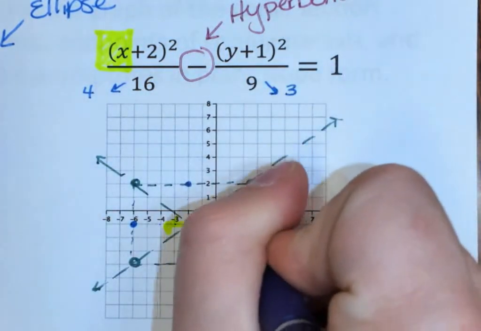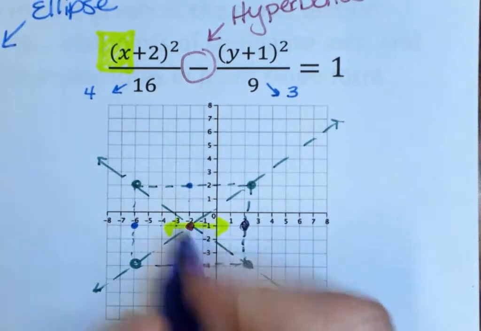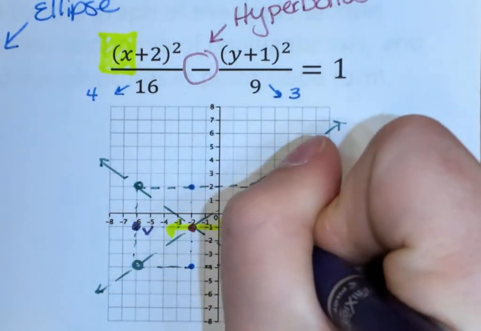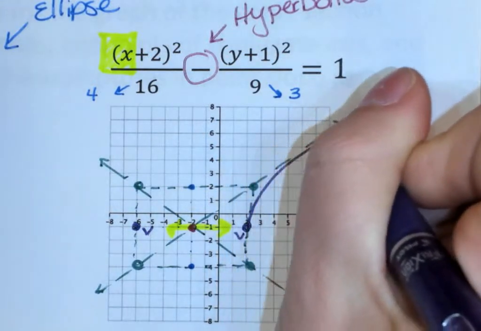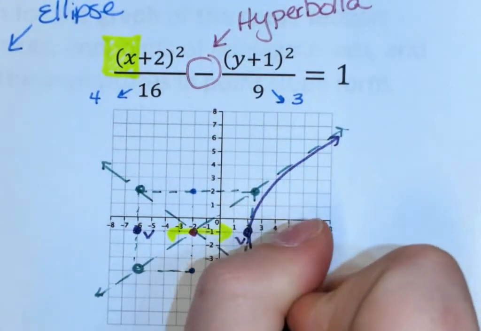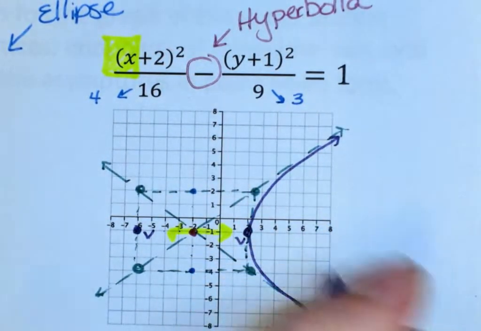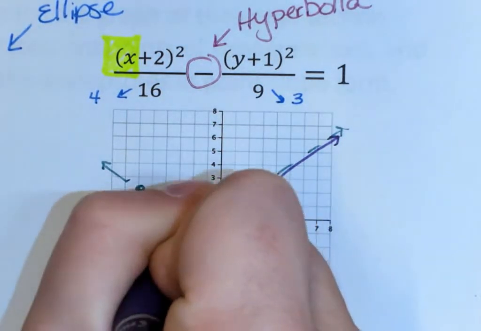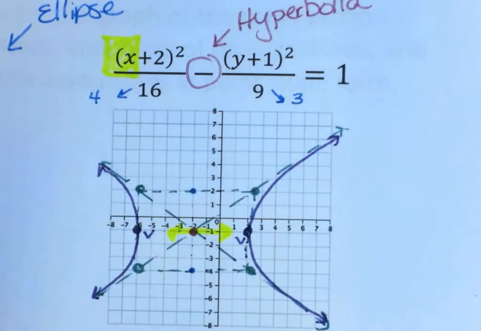That means I'm going to have a point here, and your hyperbola always touches these guys. These are your vertices. And then it's going to kind of hug out towards the asymptotes. Touch the vertex, kind of hug out towards the asymptotes. Okay?